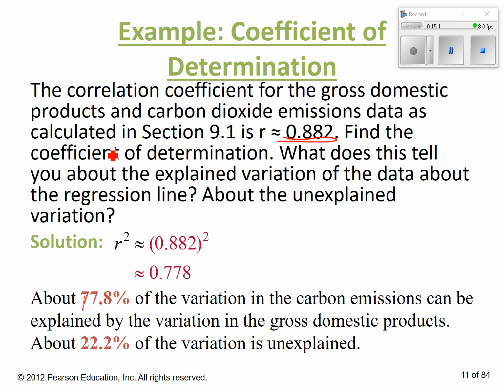So what we're saying there is that 77.8% of the variation can be explained just because of the relationship between our X data and our Y data. About 22.2% of the variation is unexplained. It's just that some other variable causes it to not be exactly right.